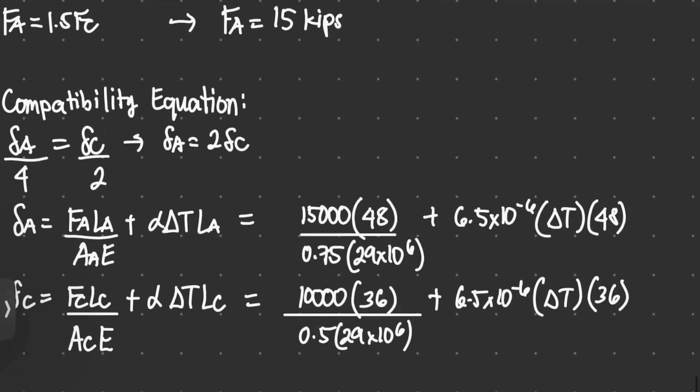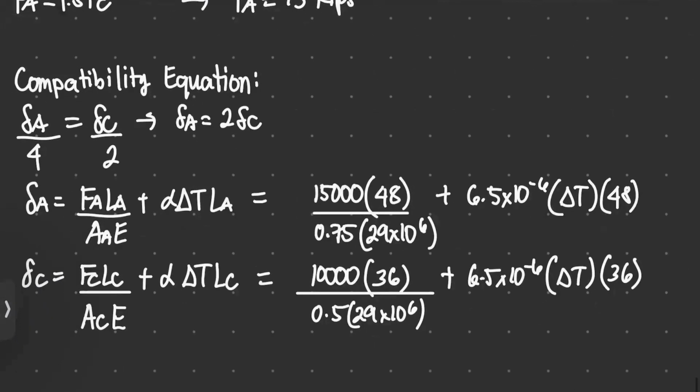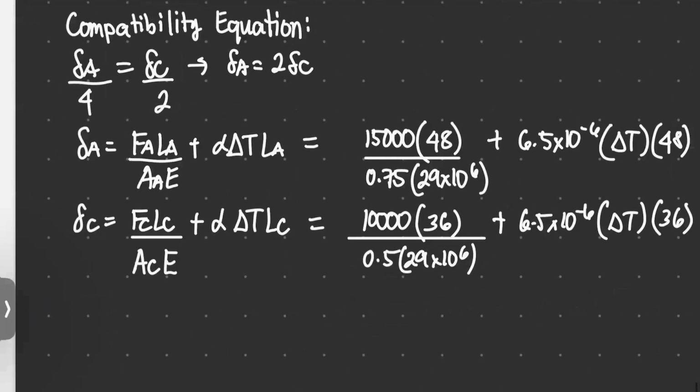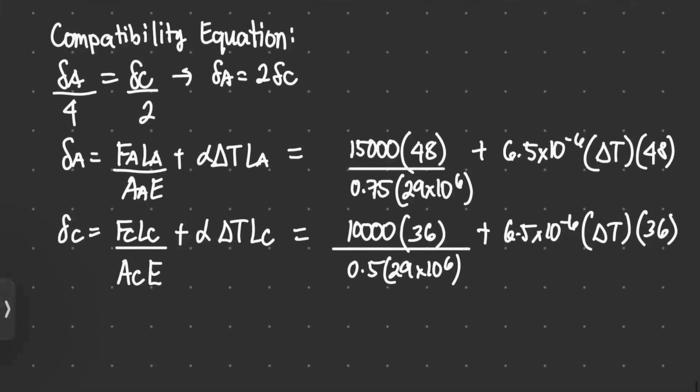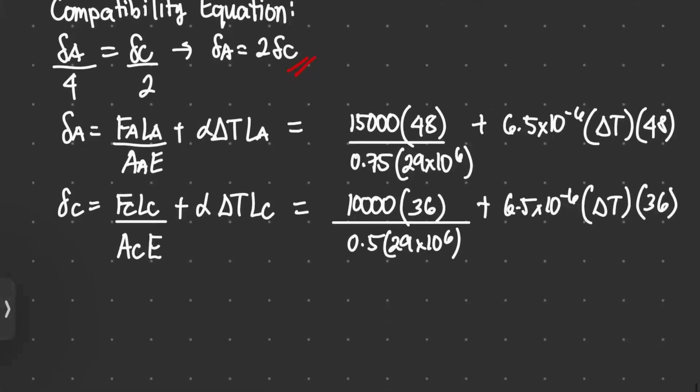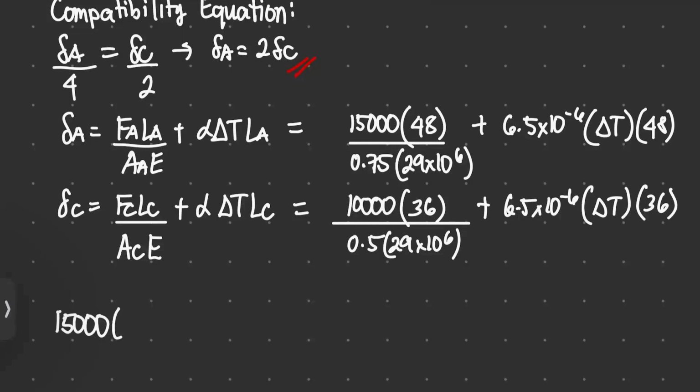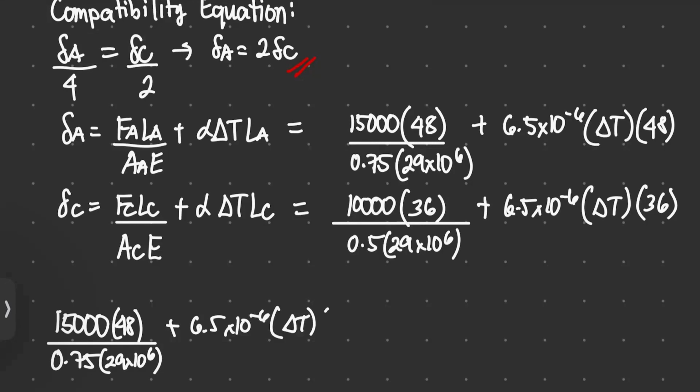So we can equate this using our compatibility equation rather. So let me just again write everything down below. So 15,000 times 48 over 0.75 times 29 times 10 to the 6, plus 6.5 times 10 to the negative 6 change in temperature times 48 is equal to 2.